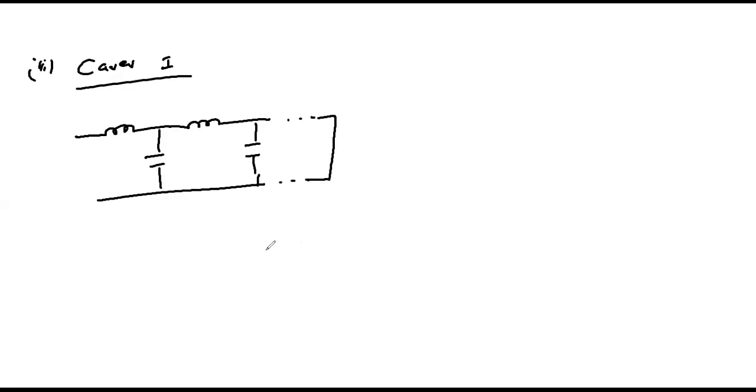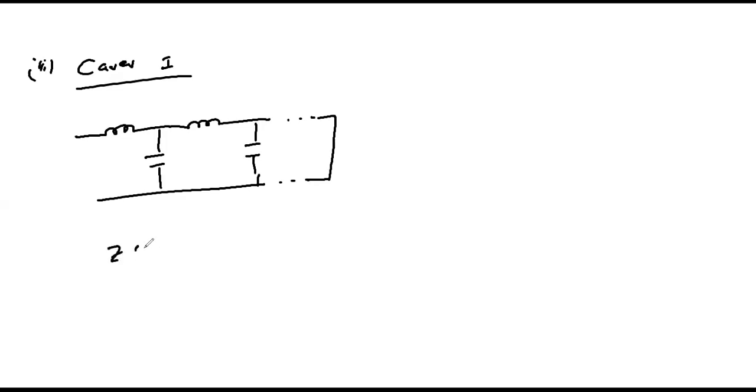Now, when we write the transfer function in descending powers of S, then we've got to compute the continued fraction expansion of that, from which we can implement the network by determining the component values. Let's proceed to implement our transfer function using Cauer 1.